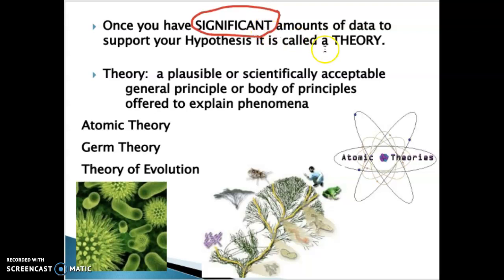So here's a huge issue that I want to red star, and you guys have to get this into your heads and explain it to other people as well. When you hear the word theory in science, it means, here's our definition, a plausible or scientifically acceptable general principle or body of principles offered to explain phenomena.